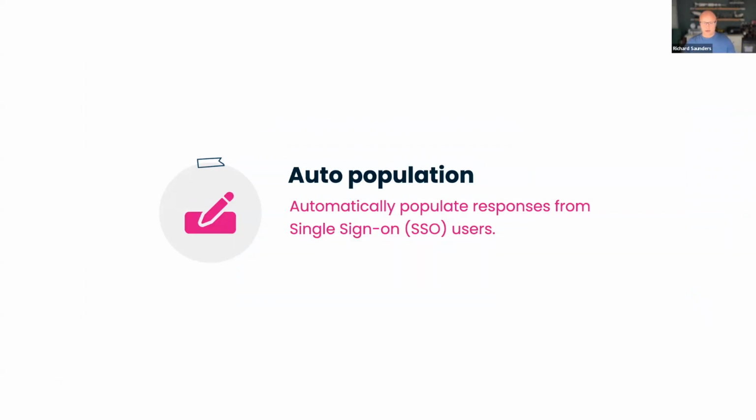If you're using single sign-on in your site, you'll be able to populate those responses with the data available for a user, such as name, email address, and such, as well as the content being able to be saved anonymously as well. There's not a slide in here, but we do plan to support anonymous submissions for those who are signed in or authenticated. Sometimes you might want to take an internal survey where you don't want to capture a user's real details, and so we're going to allow those forms to be submitted anonymously.